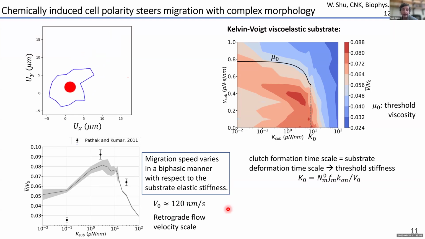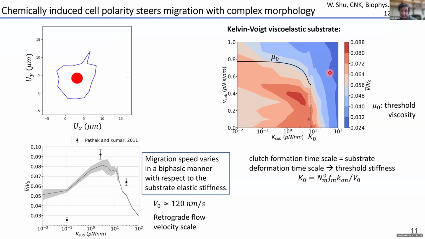With that, we can actually find a heat map of cell velocity, dimensionless velocity, as a function of substrate viscosity and substrate stiffness. The threshold stiffness that we determine here is so accurate that it gives us a boundary for the termination of the high velocity region of the cell.